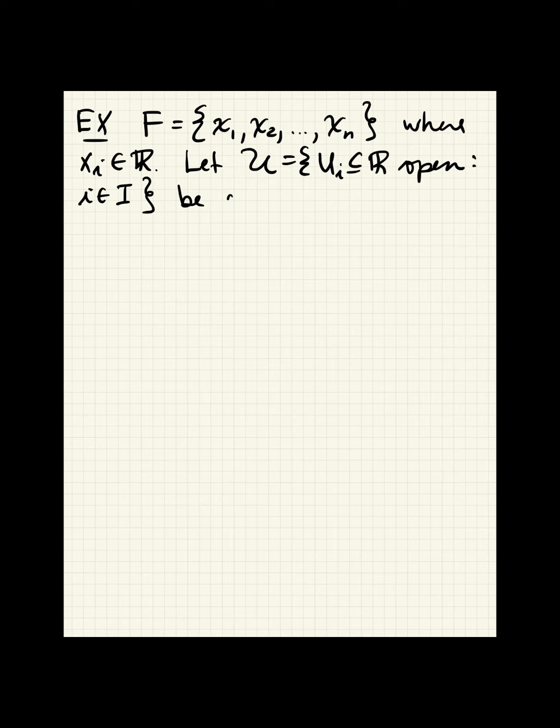And let's let this be an open cover of F. So this means F is a subset of the union of these open U_i where i is in the index set. That's what it means to be an open cover.